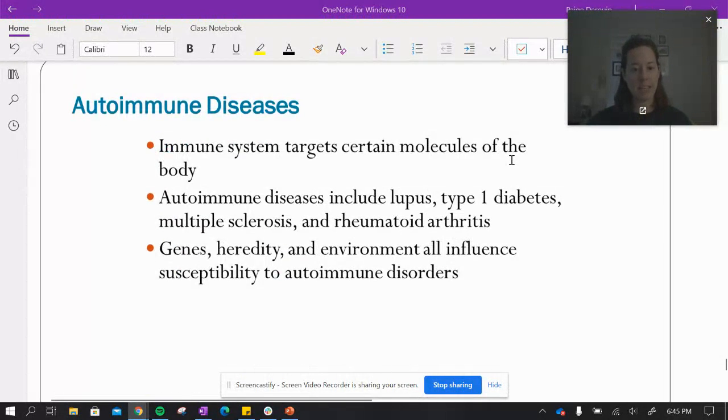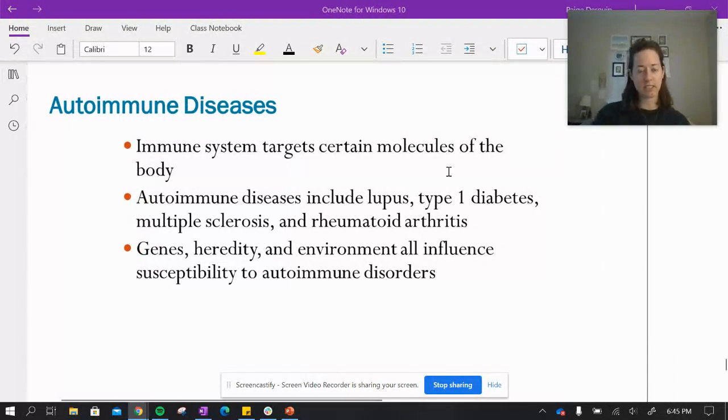All right, last thing is autoimmune diseases. So, in some cases, for some people, the immune system can start to turn on the body or turn on itself. Some common autoimmune diseases and disorders are lupus, type 1 diabetes, multiple sclerosis, and rheumatoid arthritis.